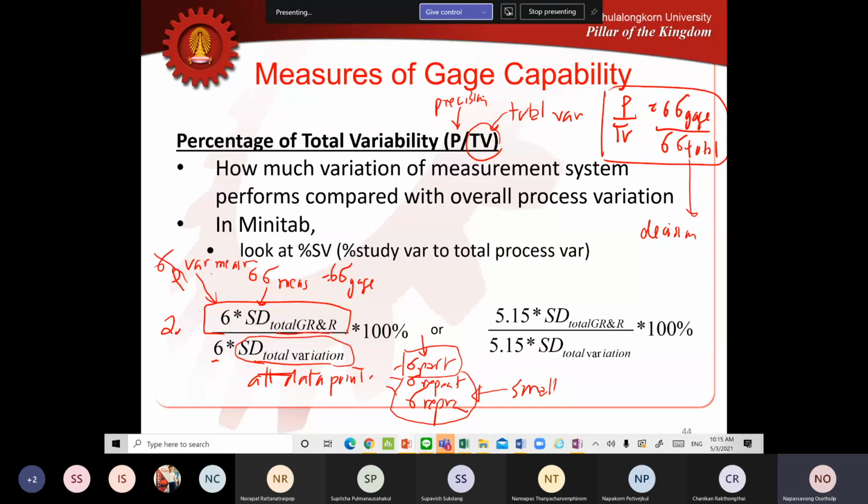Not tolerance in this case. Now we are talking about the total variation of the process. Tolerance is another indicator, 6 sigma of the measurement system with the tolerance. So now I'm talking about this indicator.